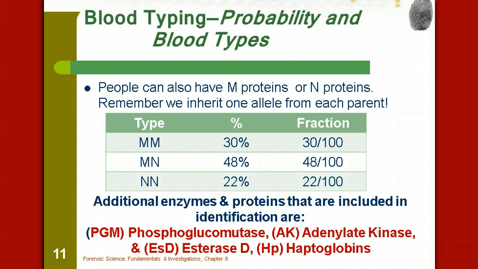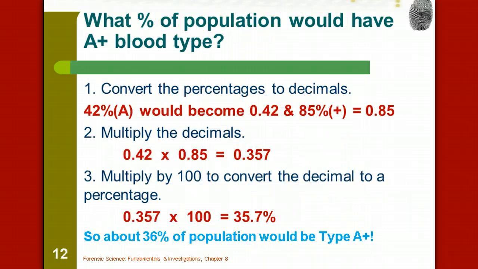But here's the thing, what we need to do is go through and see if we can do a calculation. So if you were to look at the population, what percent of the population would have A positive blood type? So what I need to do is convert the percentages to decimals. What's the probability of having type A blood? Well, if I look back at the chart, it tells me 42%.